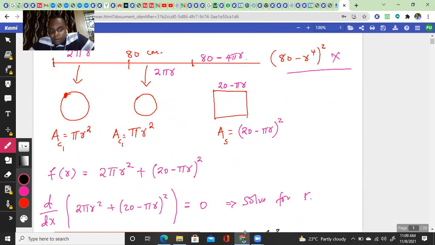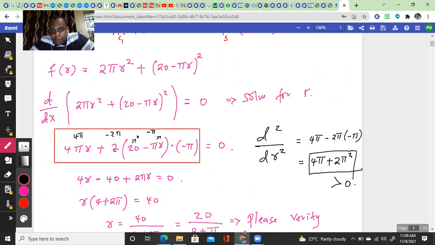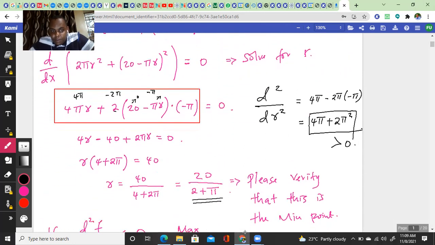In the derivative that we just did, the second derivative, can you explain where you got the minus 2 pi and the minus pi from? So you understand this part. It gives you 4 pi, right?